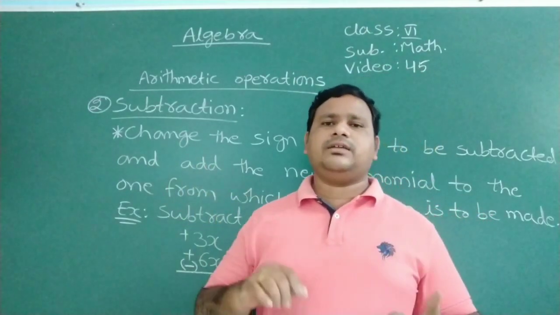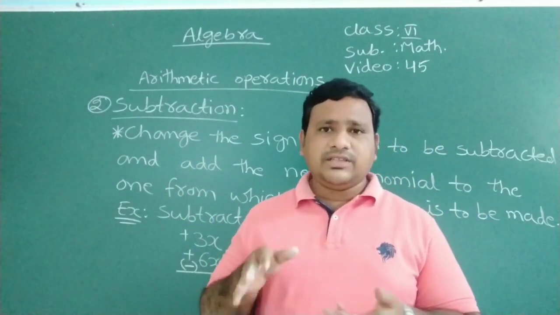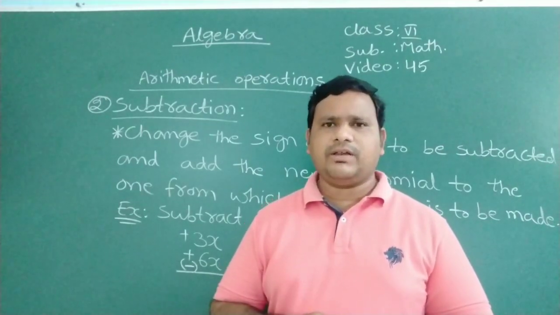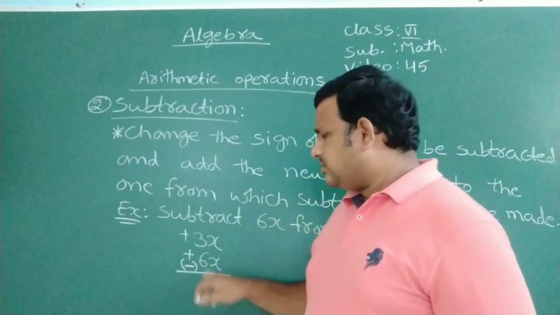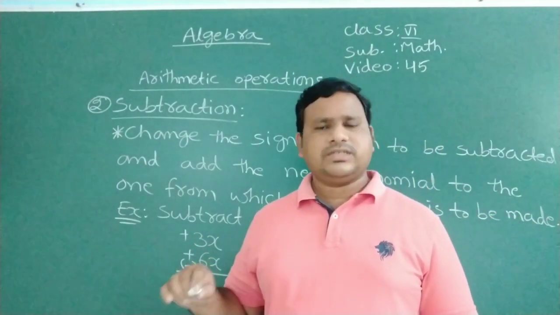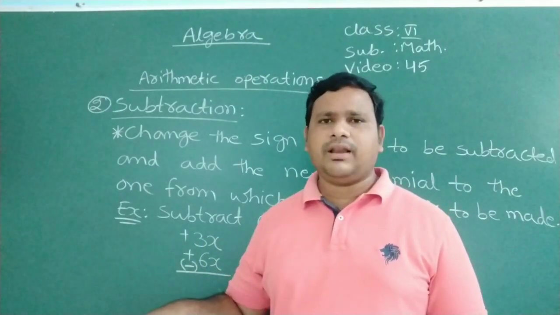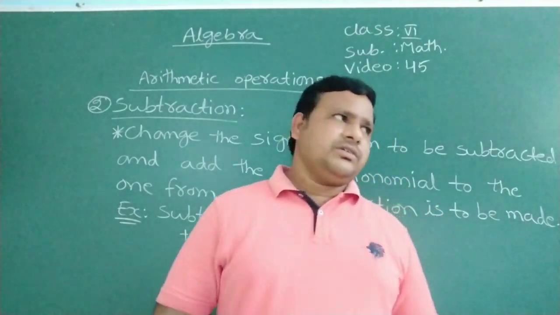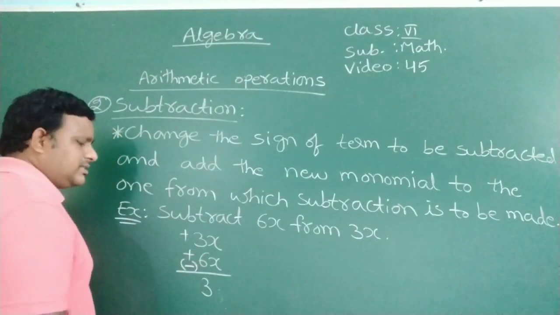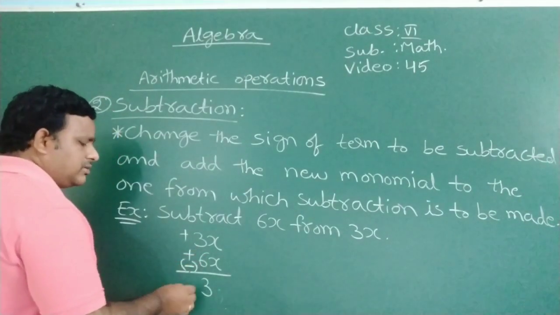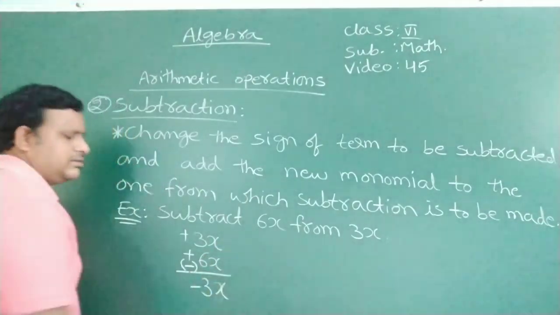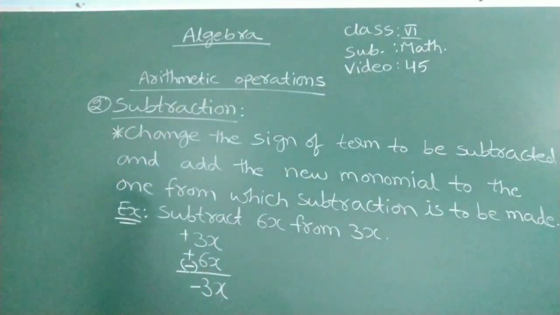One is plus, another is minus. In this case we have to do subtraction and put the sign of the greater numerical value. So in 3 and 6, what is the greater numerical value? 6. So what is its sign? Minus. So the difference of 6 and 3 is 3, and since 6 is negative, the answer is also negative, minus 3x. This is what we have to do.